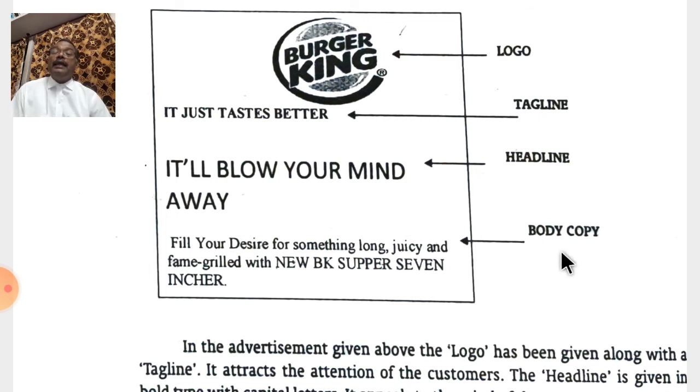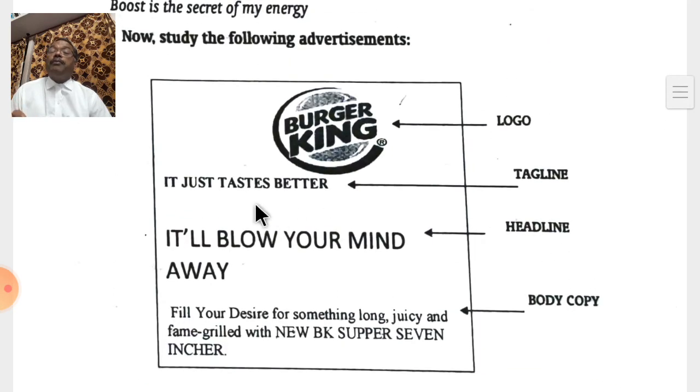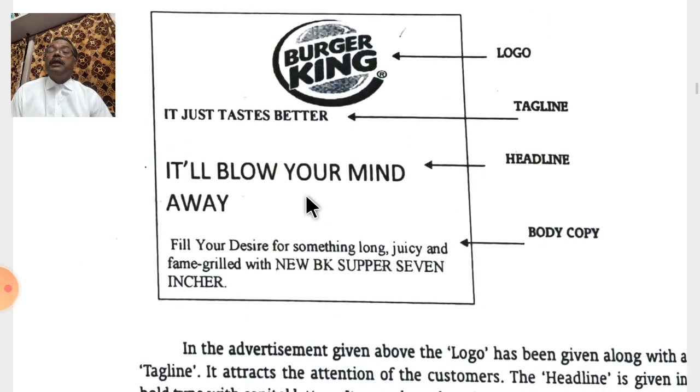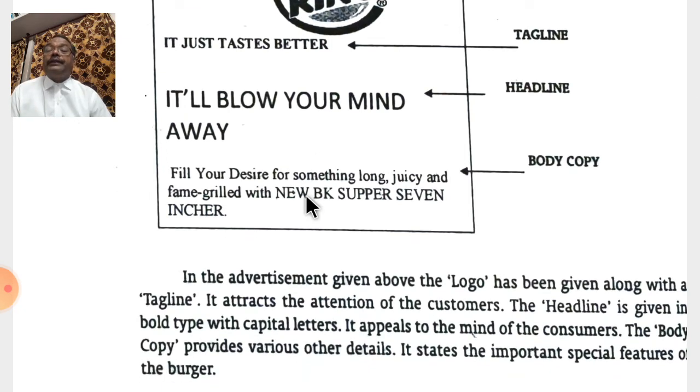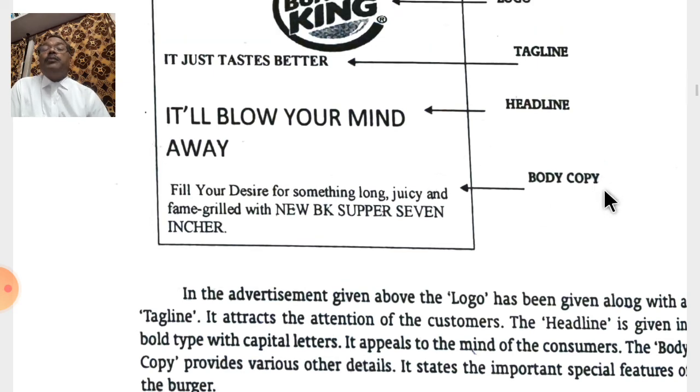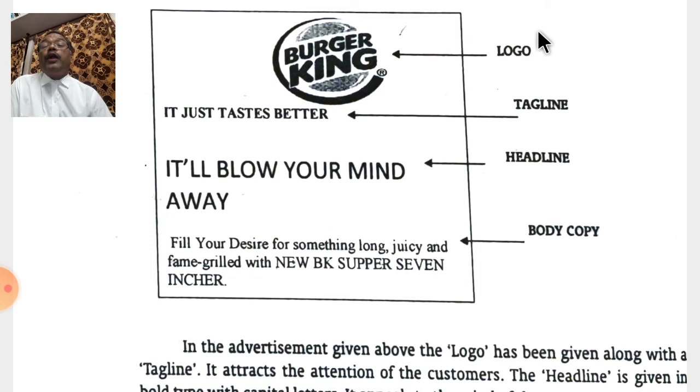The headline is given in bold type, in capitals. It can also attract. It appeals to the mind of the consumer. The body copy provides various other details related to the features of the particular product. If you want to write an advertisement, first make a logo, then make a tagline, then the headline, then the body copy.